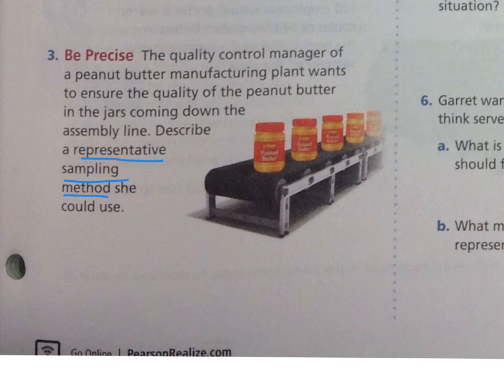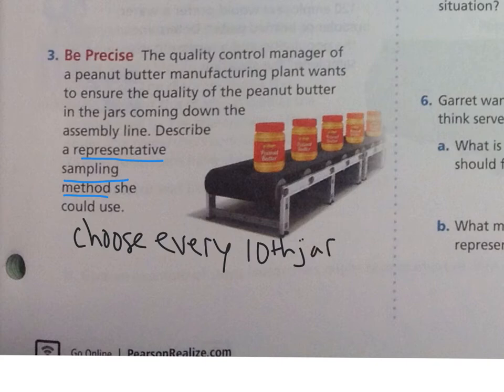One option would be to choose, for example, every 10th jar, and understand that would be representative. It's not random, but it is representative.